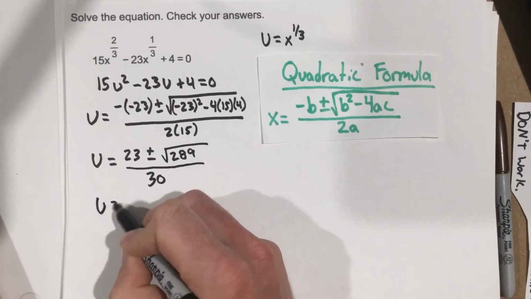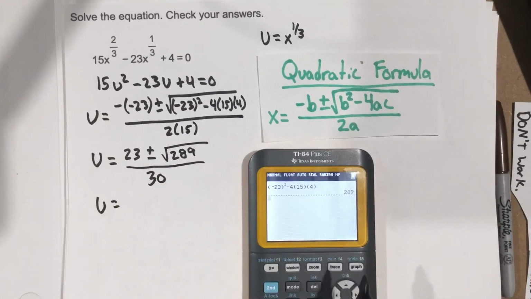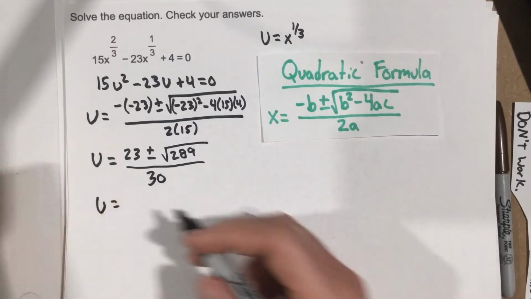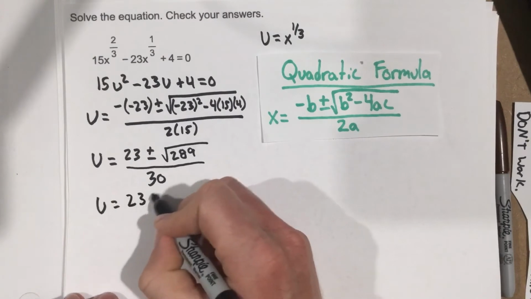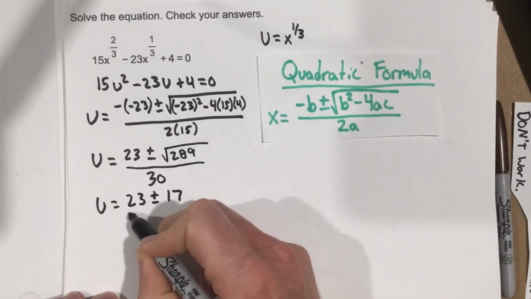The root of 289 is 17. So u equals 23 plus and minus 17 over 30.